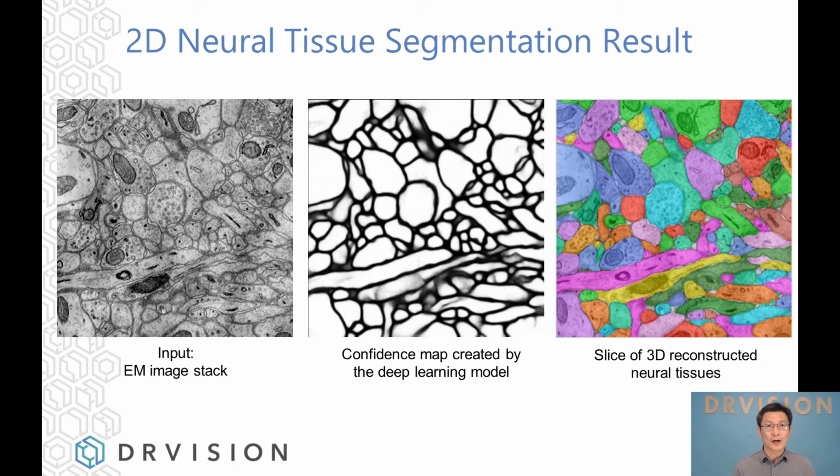The brighter part represents the neuron tissues, and the darker part represents the boundary between the tissues. The color image on the right is just the cross-section of the 3D reconstructed neuron tissues that you will see on the next slide.